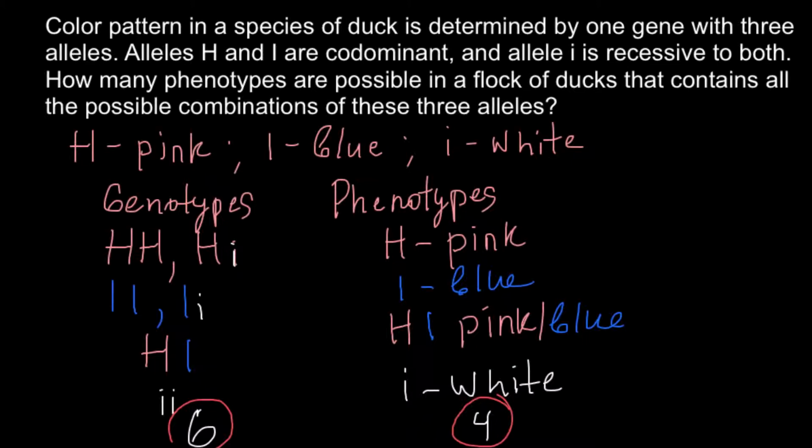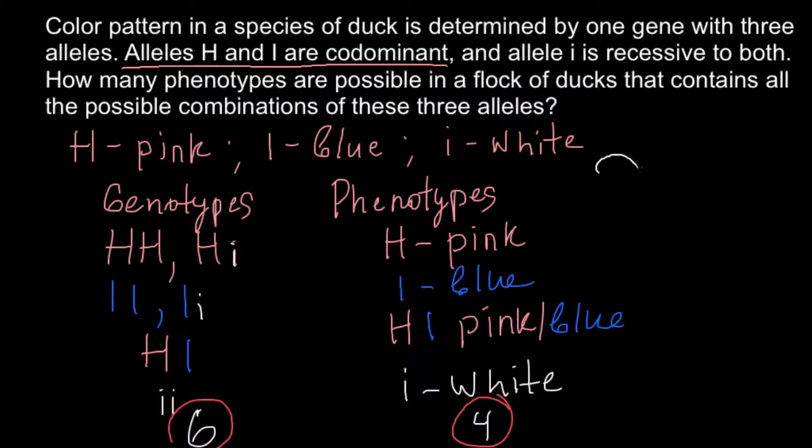The only comment I have is about this phenotype here, that is pink and blue. We have this phenotype because we have two alleles, capital H and capital I, that are codominant. What does it mean?